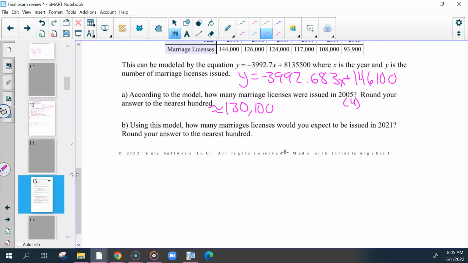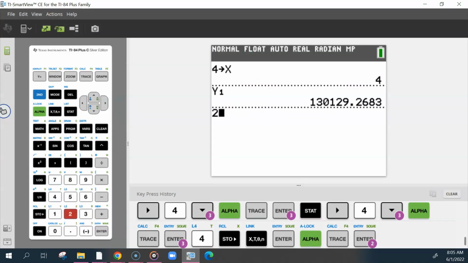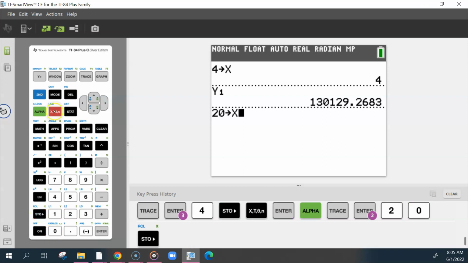Then we do the same thing for part B. In 2021, that would be 20 years from the original. So we're going to now do the same thing, but put 20 in. So we're going to put 20, the STO, and store that for X, and hit enter.